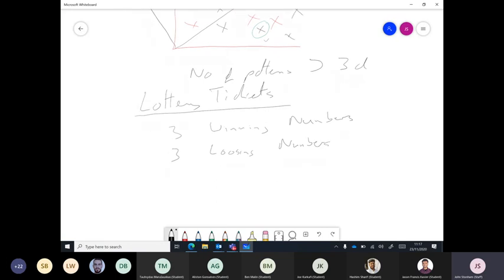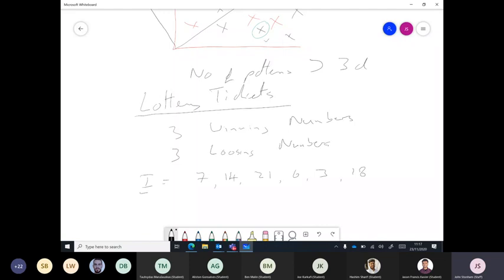If you took that, remember the input pattern I is going to be a vector of the number of the ticket. So we might have 7, 14, 21, 6, 3, 18.